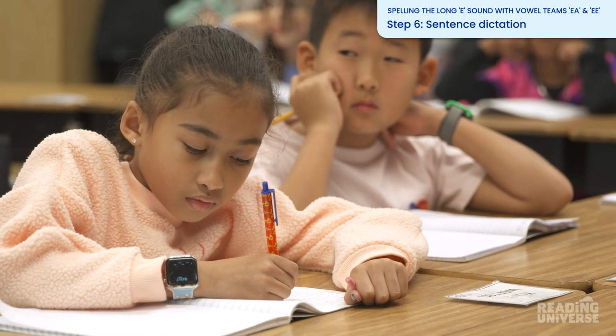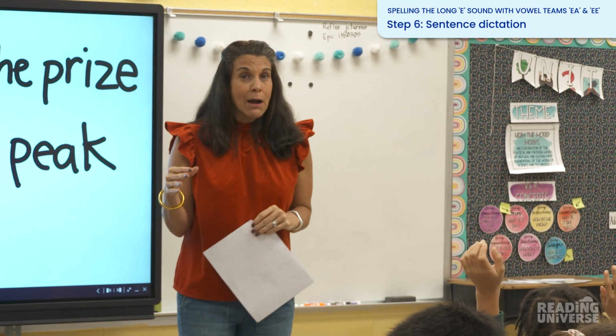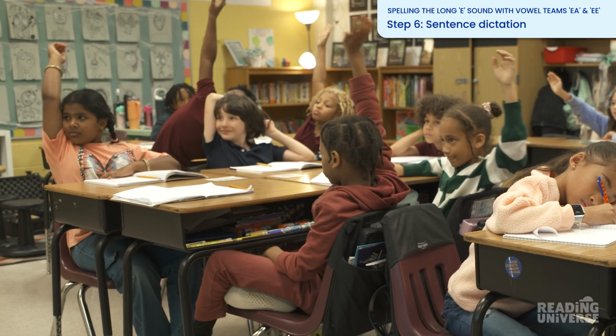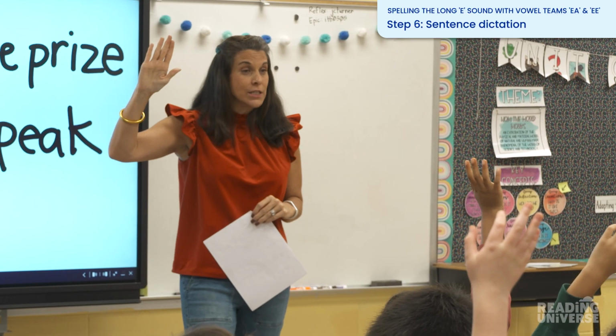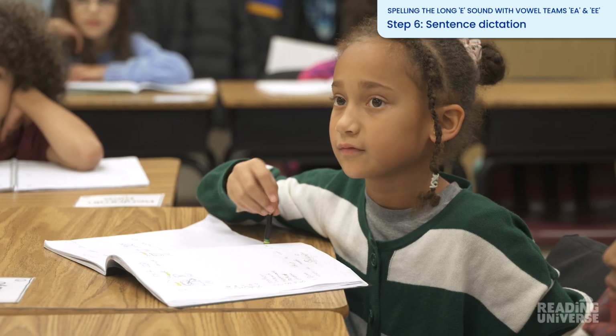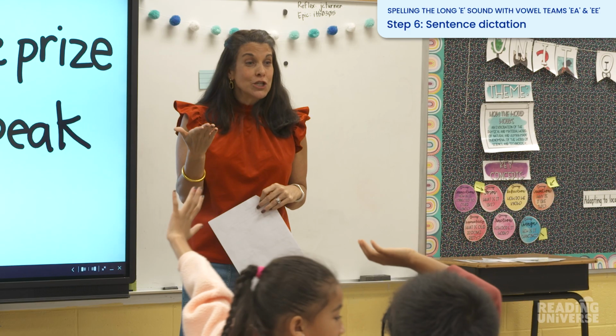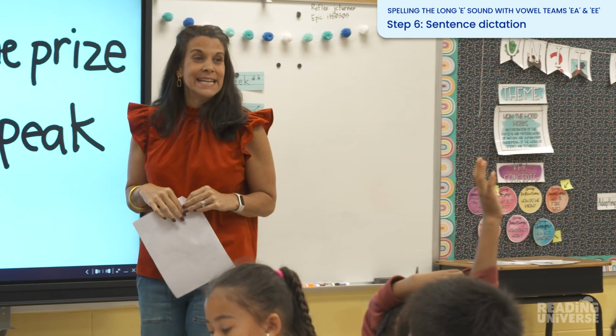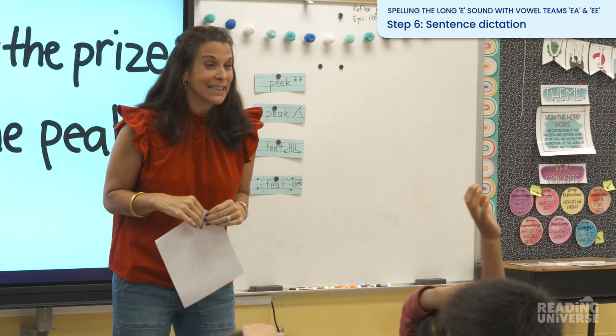All right, everyone has wrapped up their sentences. I want you, if you would like to share your complete sentence, show me a quiet hand and I am going to call on some friends to share their sentence. Hadley, I would love for you to share your sentence. Addie and me peeked at the prize. Yes, amazing. Addie and me peeked at the prize.